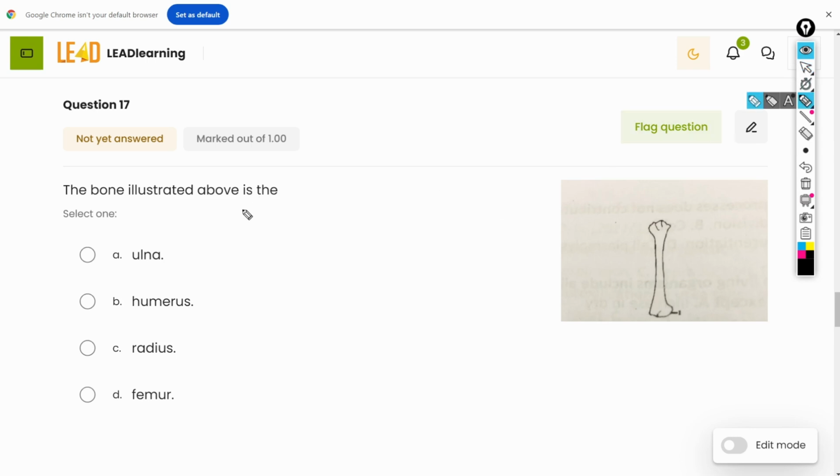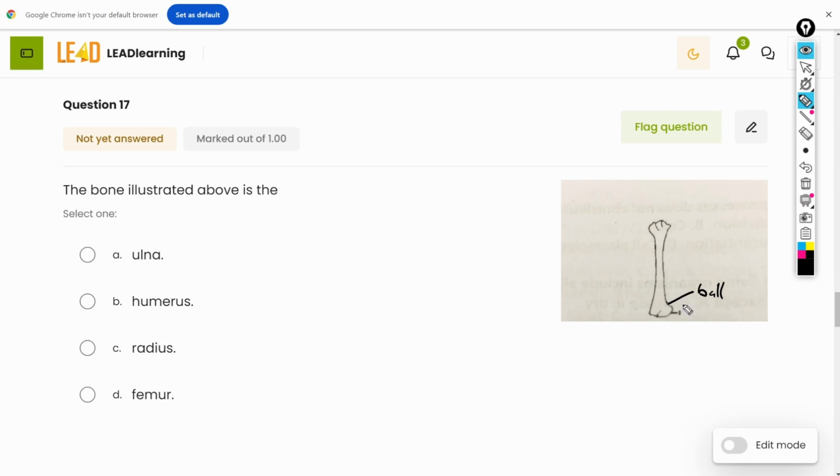Question 17. The bone illustrated above is the... Now the part labeled 1 clearly looks like a ball. So if it's a ball, then we can clearly say that this bone would form a ball and socket joint.